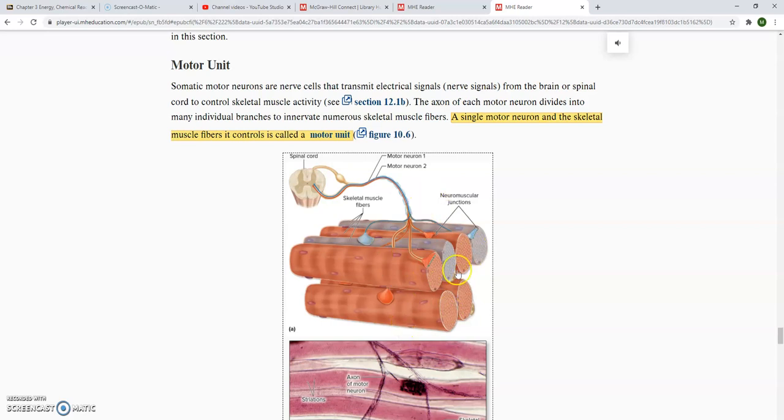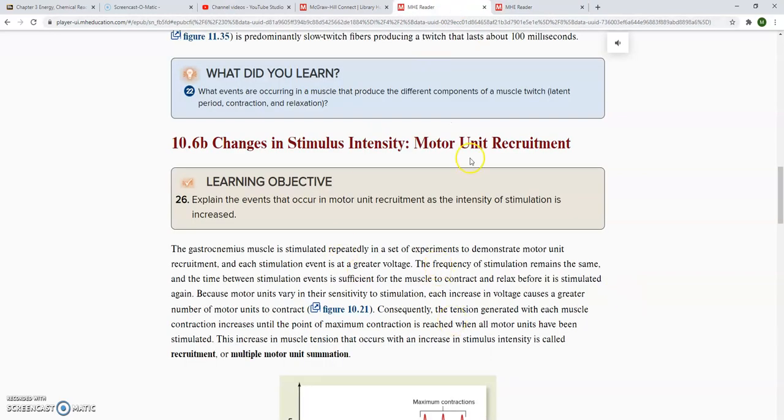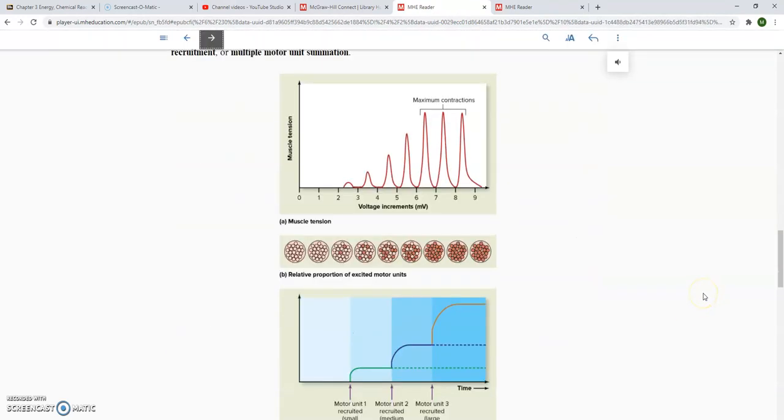And the more skeletal muscle fibers that contract within a muscle, the more force, the more pull we'll have on the connective tissues that are attached to parts of the bone of the skeletal system, and be able to move that body part or pick something up, depending on whatever we're doing. So that's what this is talking about. We call it motor unit recruitment when that happens.